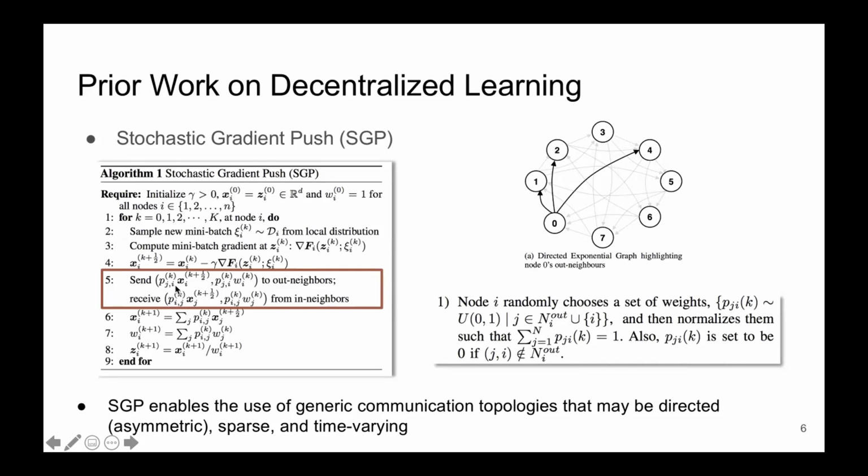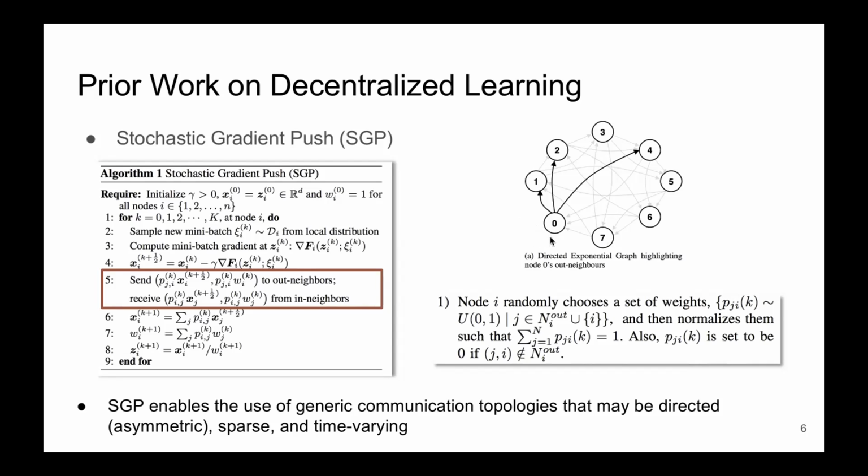It's like sending some parameters to out-neighbors and receiving some parameters from the in-neighbors. The reason is that they consider a directed graph.